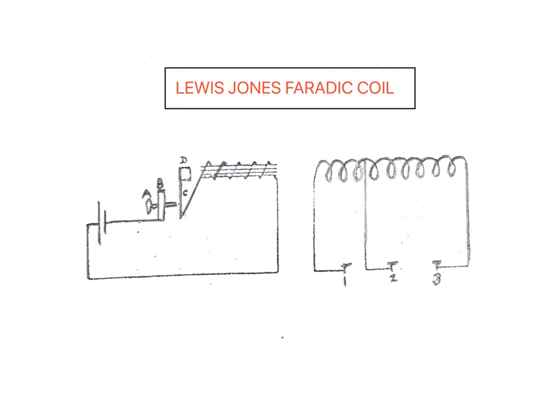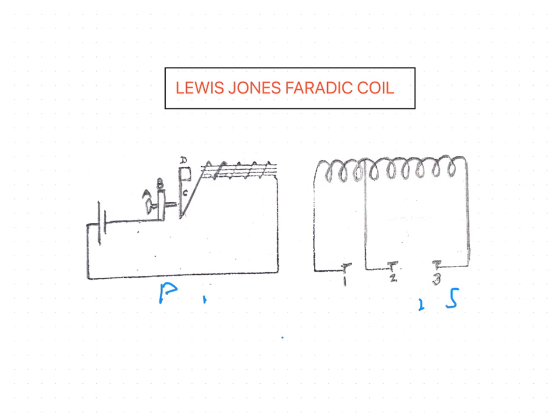Now if you see the circuit, the apparatus consists of two circuits. This is called the primary circuit, and this one is the secondary circuit.